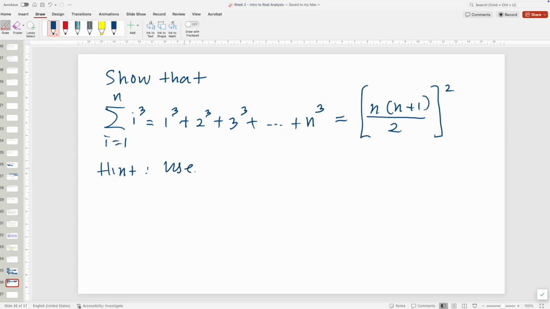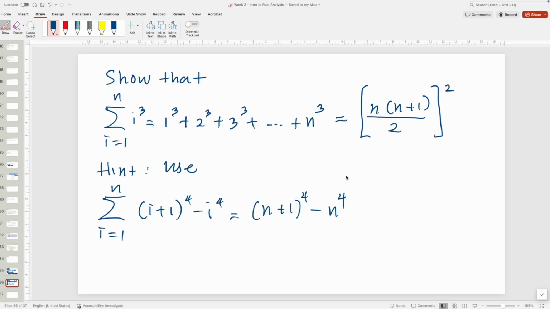Hint: use the collapsing sum, sigma i = 1 until n of (i+1) to the power 4 minus i to the power 4, equals (n+1) to the power 4 minus 1 to the power 4, which is 1.